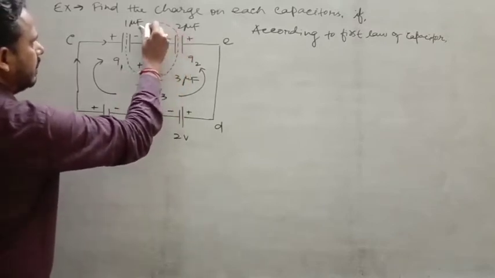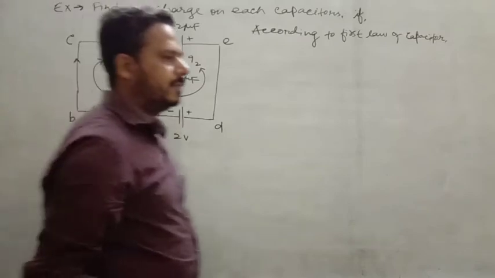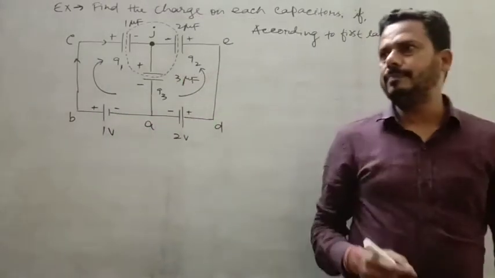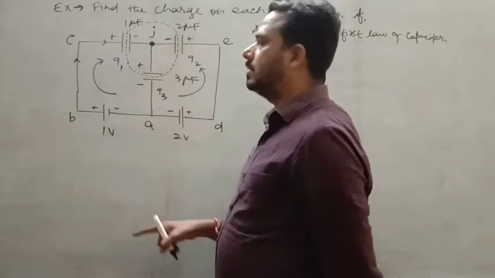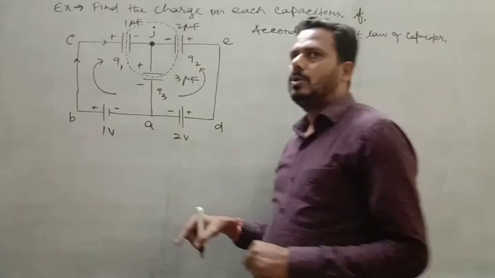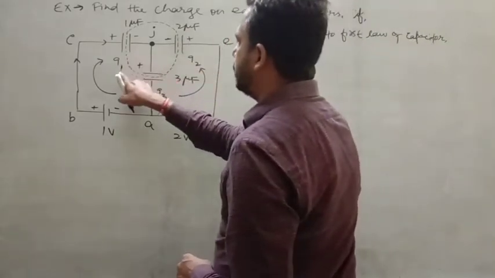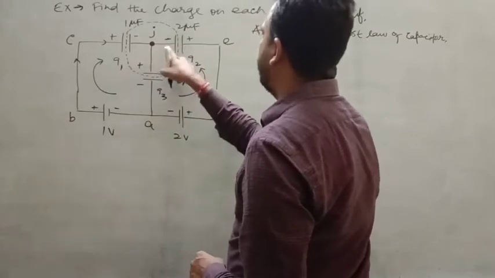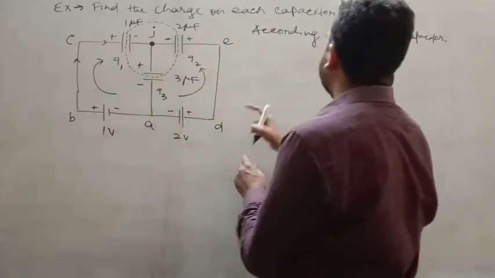This plate and this plate are not directly connected to either of the EMFs. That's why the sum of the charges at this junction is constant, that is 0. This one has charge minus Q1, this one minus Q2, and this one plus Q3, so the sum is 0.